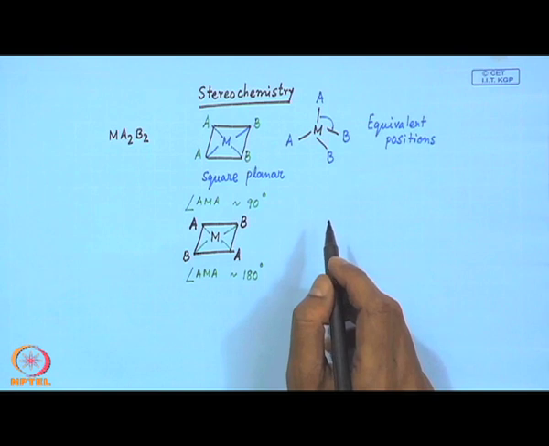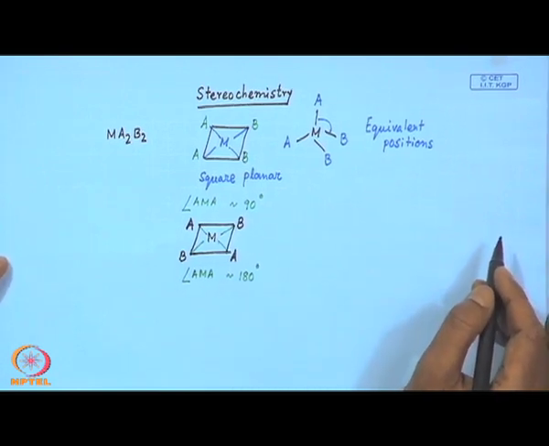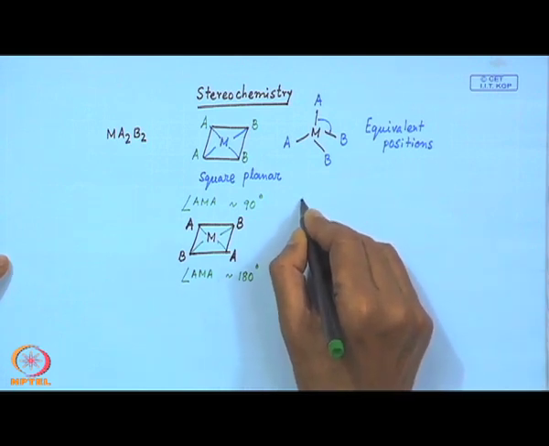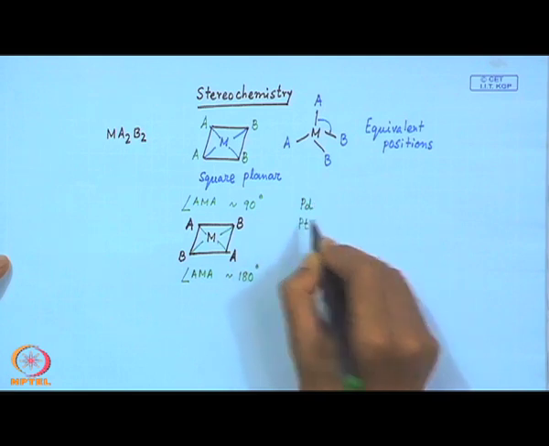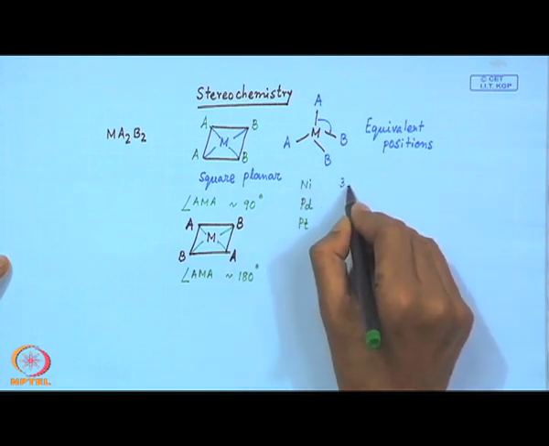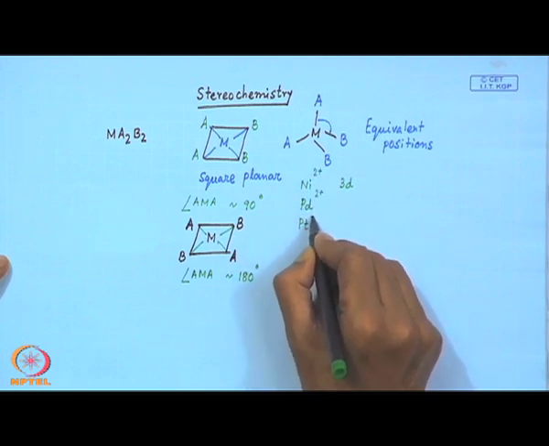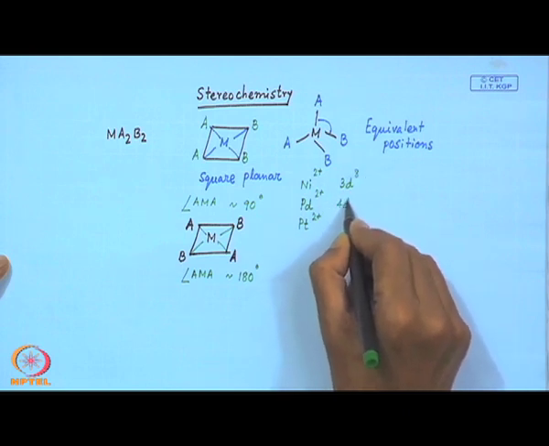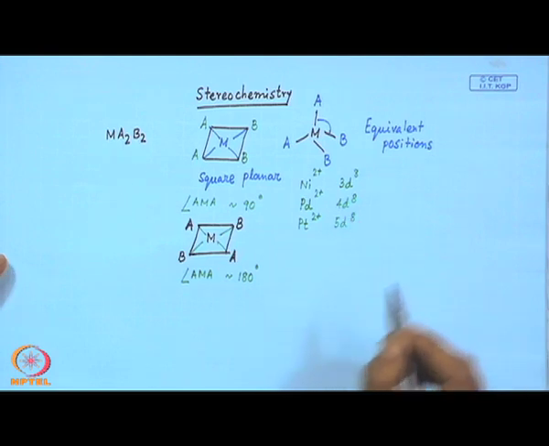This arrangement is very important and useful to know, because we can have a large number of such compounds which can be prepared from palladium or platinum salts as well as nickel salts, because these give 2 plus oxidation states: 3d8 species, 4d8 species and 5d8 species.